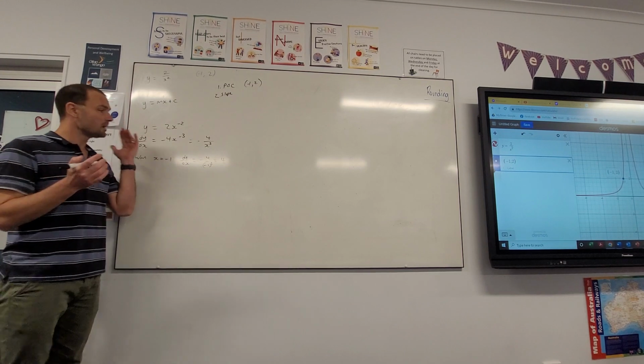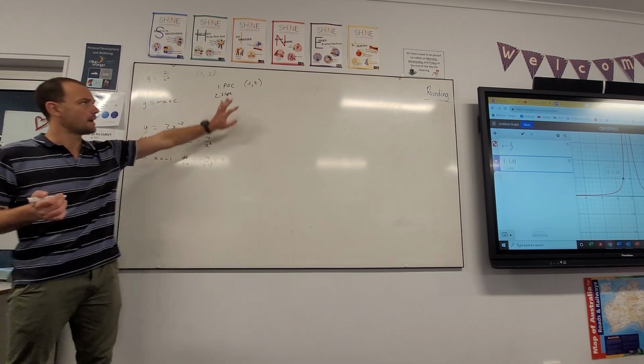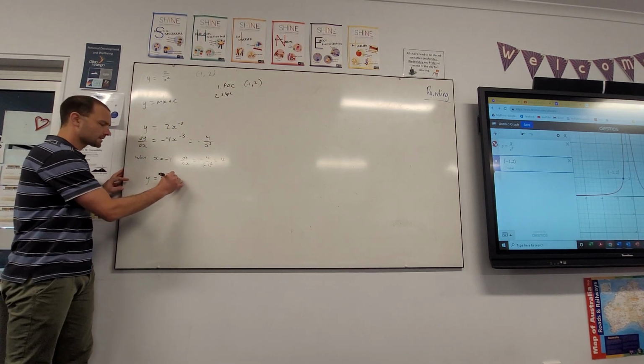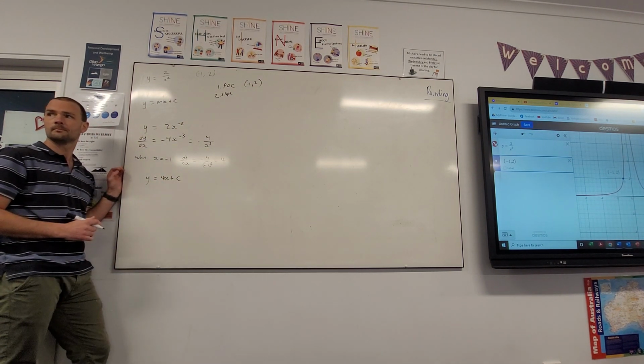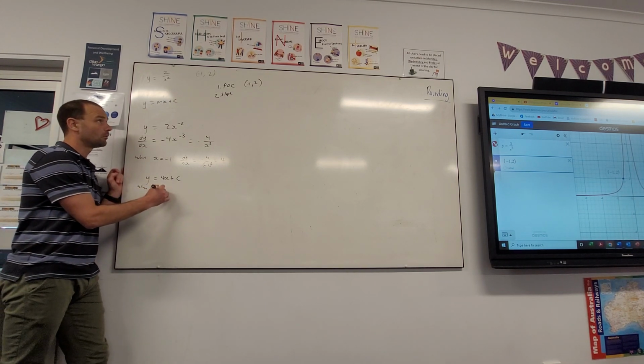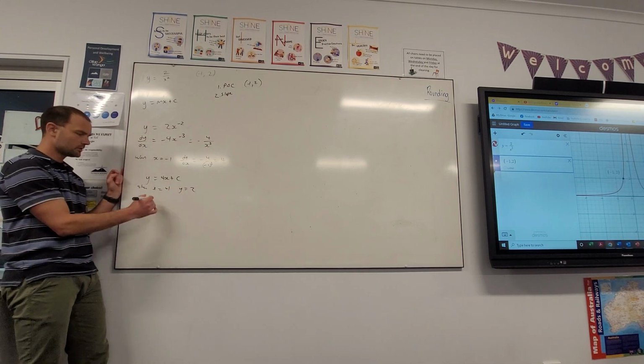So we've got the slope. Now all we're doing is finding the equation of a line that has a slope of 4 and passes through this point. So we're going to have y equals 4x plus c, and then when x is minus 1, y is positive 2. Plug both of those in.